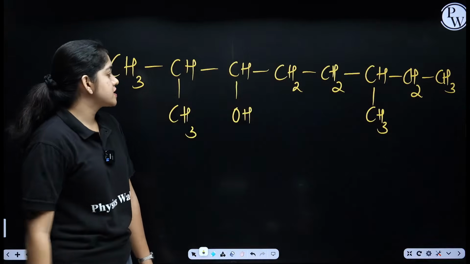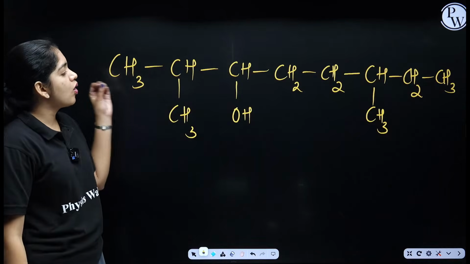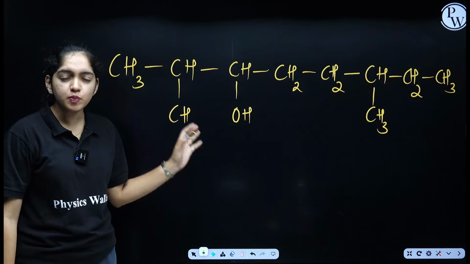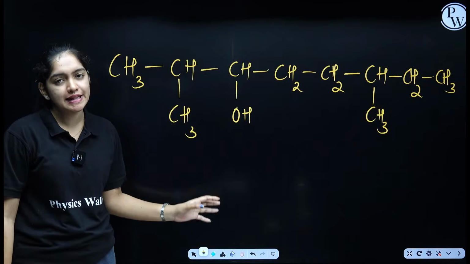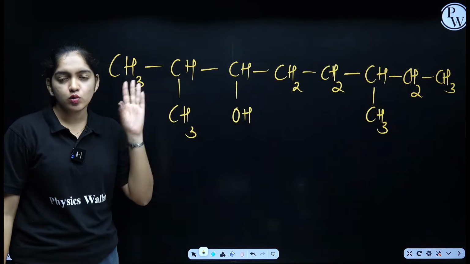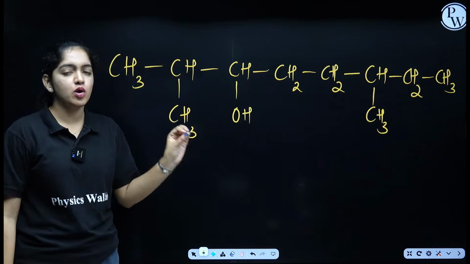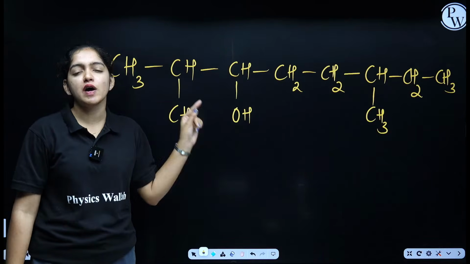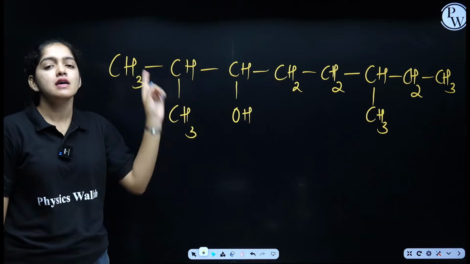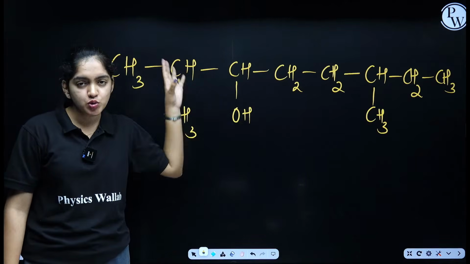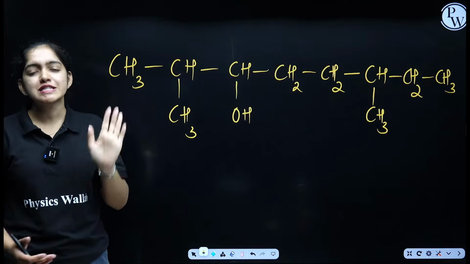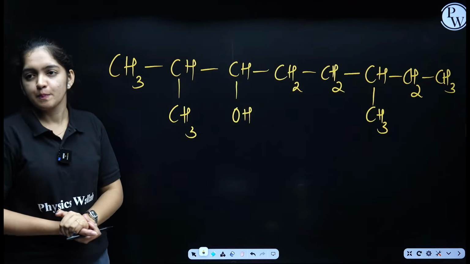In this question, first we should identify the longest chain. If a functional group is present, the functional group should get the least number, like the rules that we followed for the double and triple bond. Same rule we are going to follow here also. Do the numbering left to right and right to left, and while numbering, this functional group should get the lowest number. So first identify where the functional group is present.